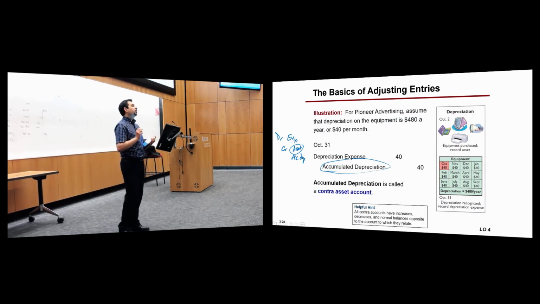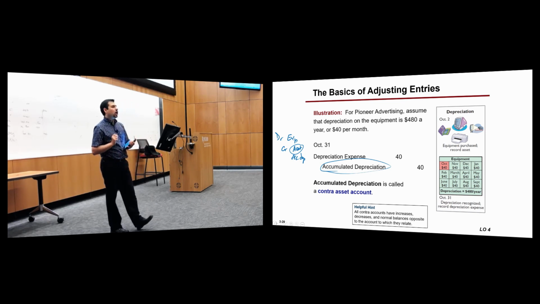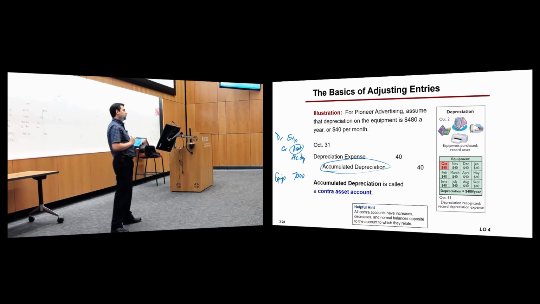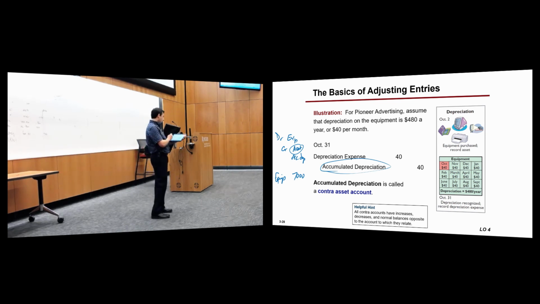What you will have later on is this: on the balance sheet, on the adjusted value, equipment, let's say, is $7,000, less accumulated depreciation of $40.